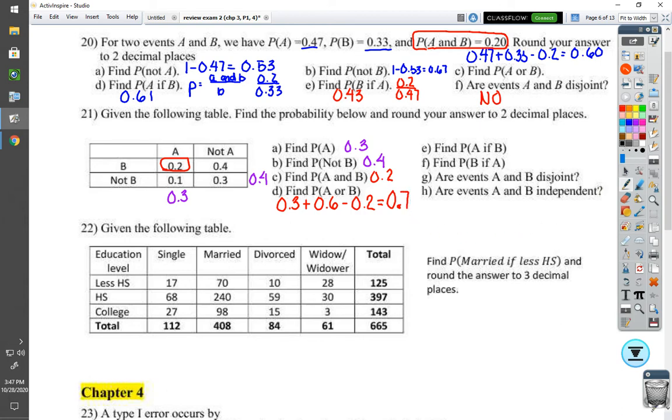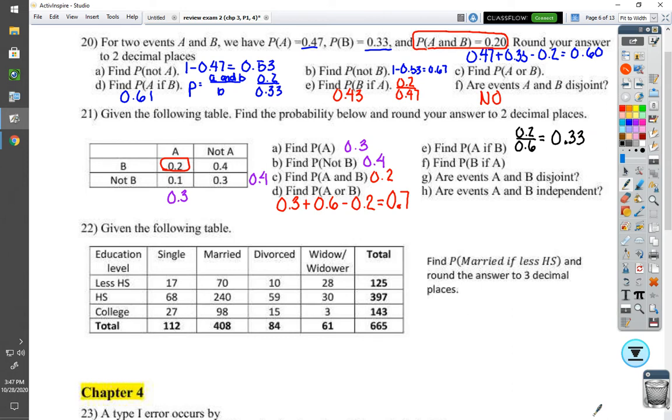Find the probability of A if B. Well, A given B, a couple things can take place. First of all, I have to have A and B, and the probability of A and B is 0.2. Then I have to divide by the probability of B, which was 0.6. 0.2 divided by 0.6 rounded is 0.33.